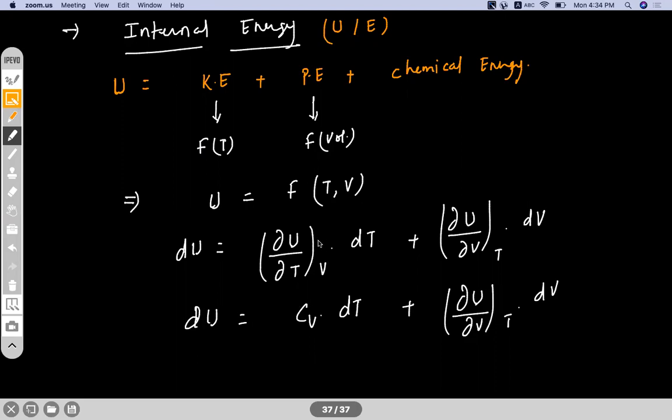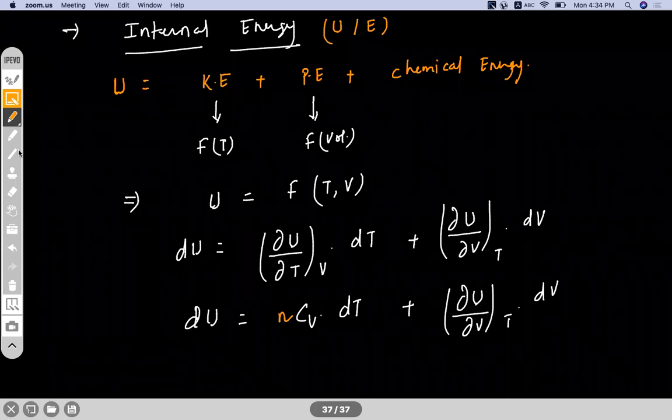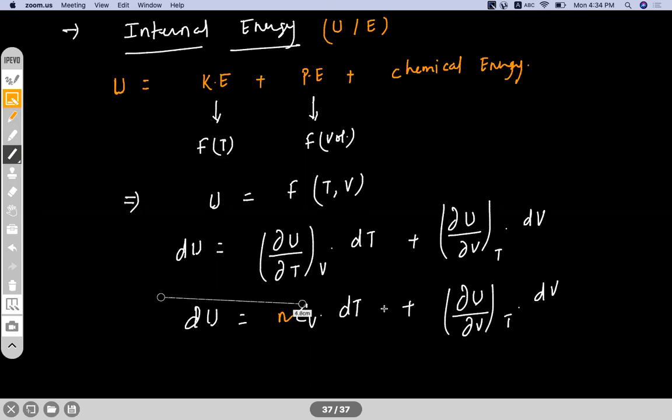If you have n number of moles, we can write n Cv dT. In general, for n number of moles, dU by dT is nCv, so nCv into dT. So this is the formula for the change in internal energy.